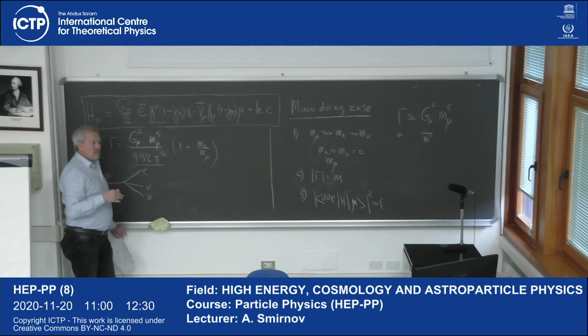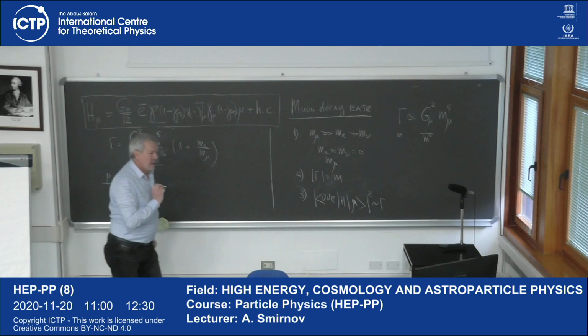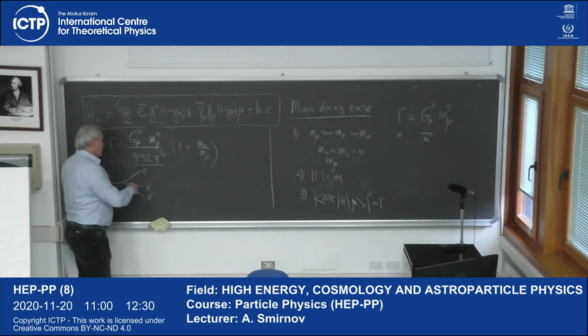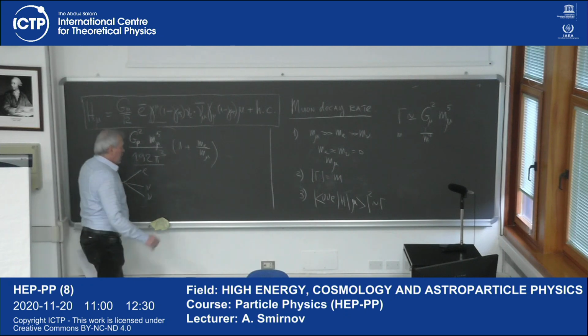If you want to compute the rate of decay when the electron in the final state has some specific value, then we shouldn't integrate over all the momenta of these particles and should keep one of these momenta fixed. However, if you are interested in the total rate, we need to integrate over all these variables.